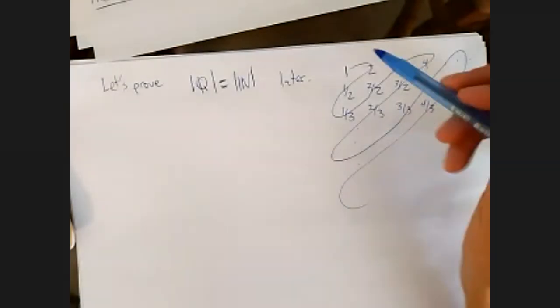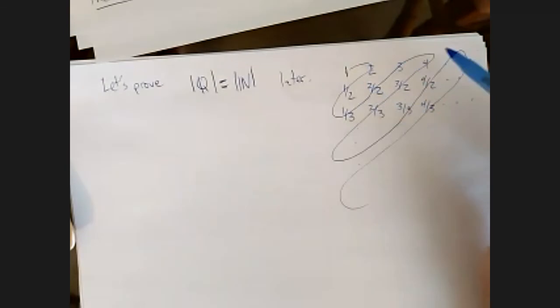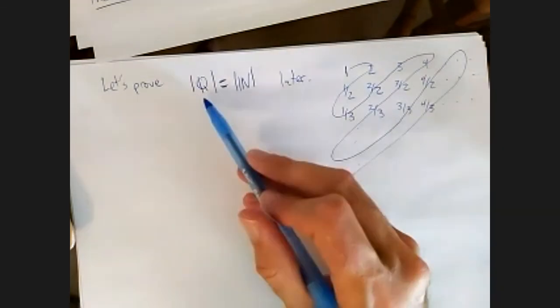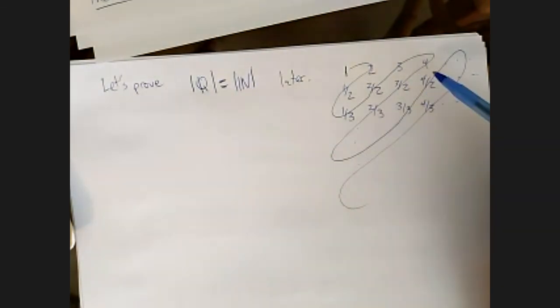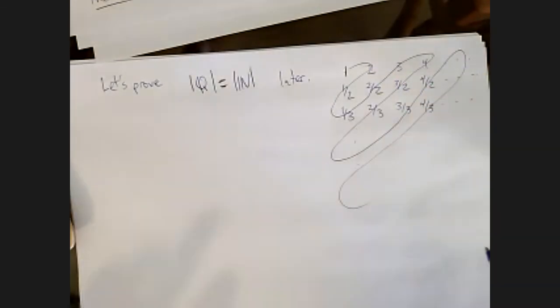And then eventually, the first one is 1, then 2, then a half, and you match up each of these rational numbers with a natural number. And eventually you'll hit all of the positive rational numbers. So this proves that the cardinality of the positive rationals equals the cardinality of the natural numbers. Okay. But we'll do it explicitly later.